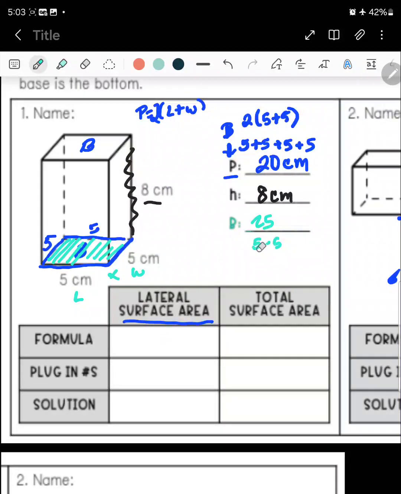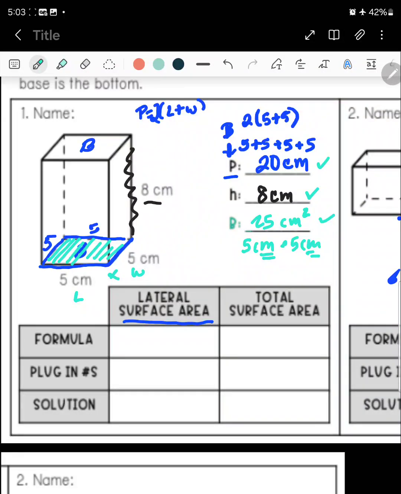And let me go ahead and show you guys the units here. So this is 5 centimeters times 5 centimeters. So because you have 2 centimeters whenever you multiply, we're going to put a 2 because there's 2 centimeters right there. Okay, so again, perimeter is just centimeters, height is just centimeters, and area of the base, centimeters squared.